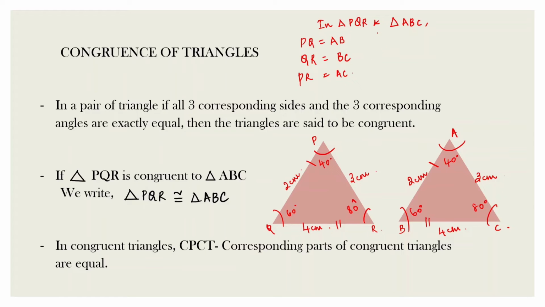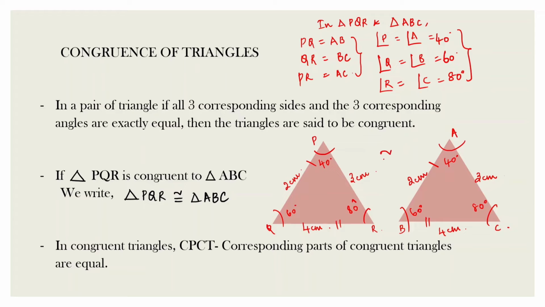Now looking at the angles, we could say that angle P is equal to angle A, which is 40 degrees. And angle Q equals angle B, 60 degrees. And angle R equals angle C, 80 degrees. So comparing these two triangles, we could see that all three corresponding sides and all three corresponding angles are equal.